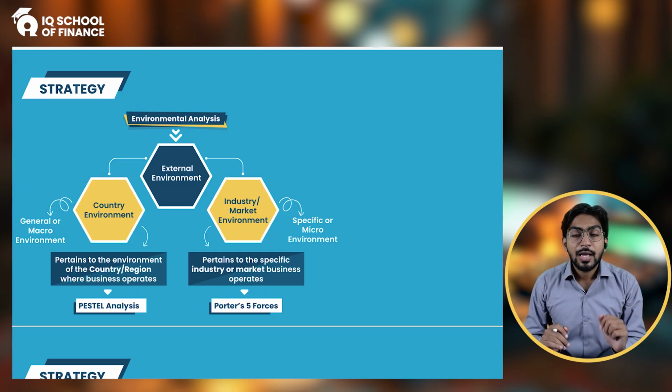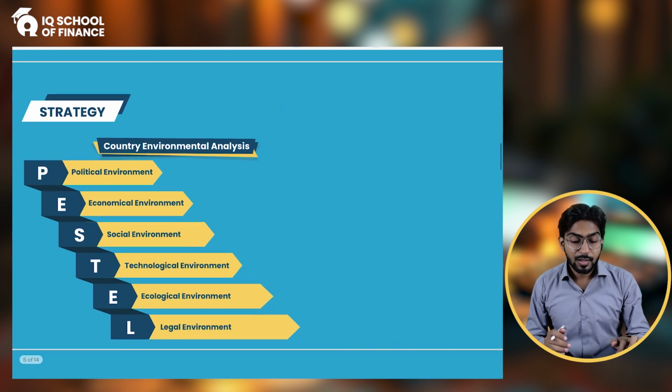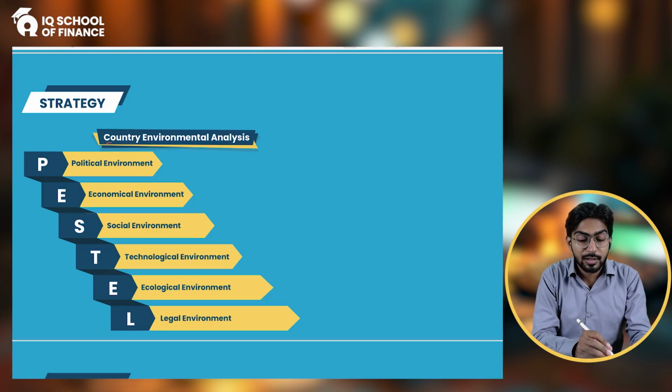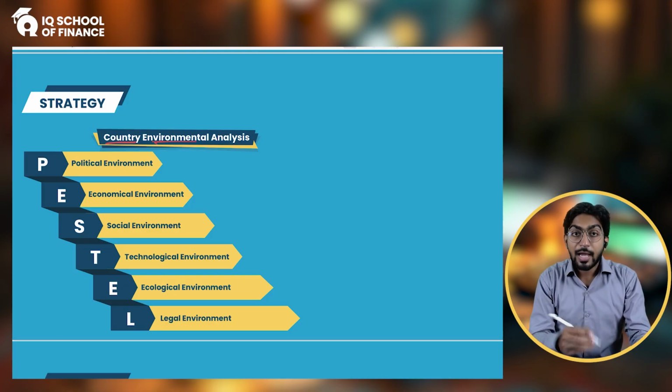So now let's move ahead, and as we promised, in this class we are going to study the PESTEL analysis. We are going to cover the PESTEL model. So here we are, the country environment analysis. We were performing the country environment analysis, and we have understood that in order to perform the country environment analysis, the model we use is basically the PESTEL analysis. Why do we use the PESTEL analysis and how does it help us?